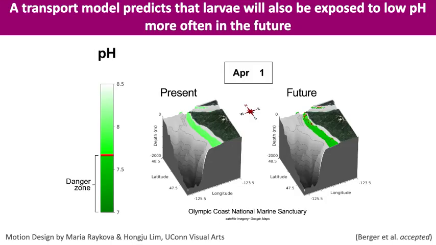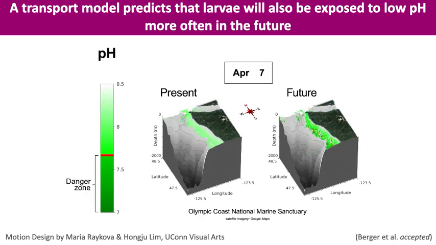What I'm showing you here is how we used a transport model to help estimate exposure. Hallie ran a lot of particle simulations with behavior in the larvae to understand how that early life stage would be exposed to low pH conditions, and indeed you can see them vertically migrating up and down in the water column. I'll play that again.